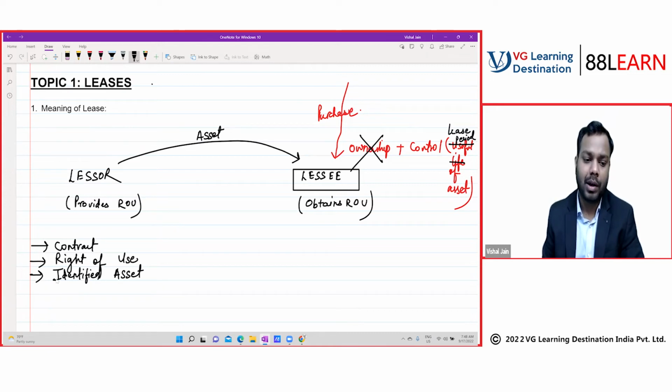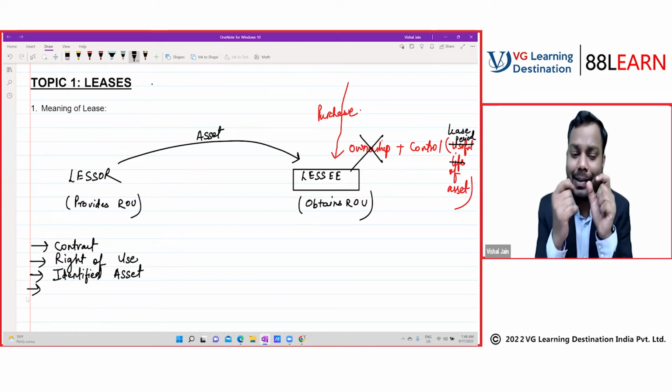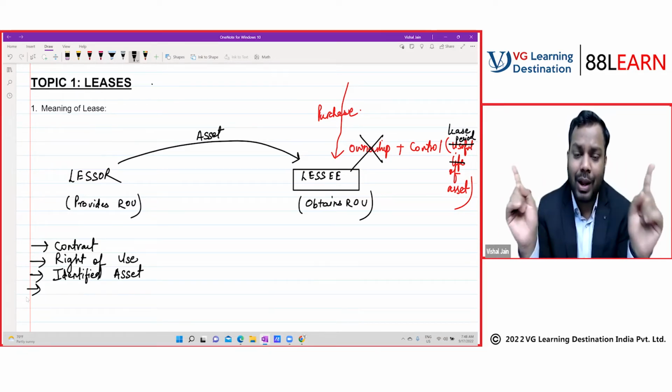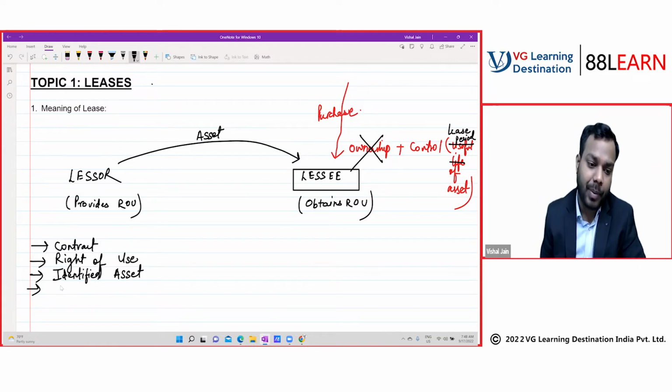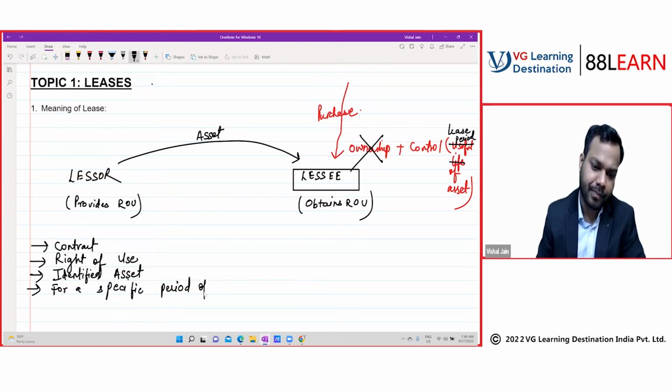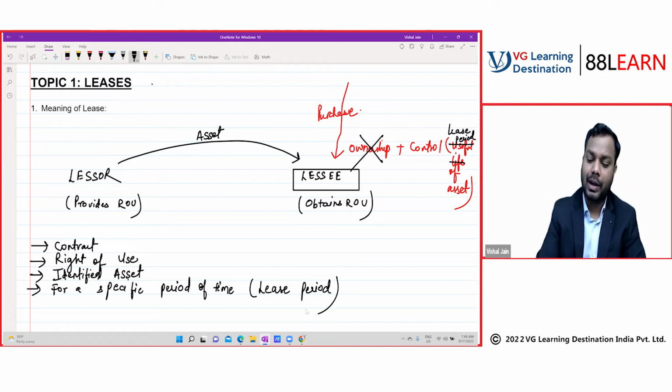Now, if the lessee is getting the right of use of an identified asset, will it get it for the full life of the asset? No, it will get it for a specific period of time, which is also called lease period.